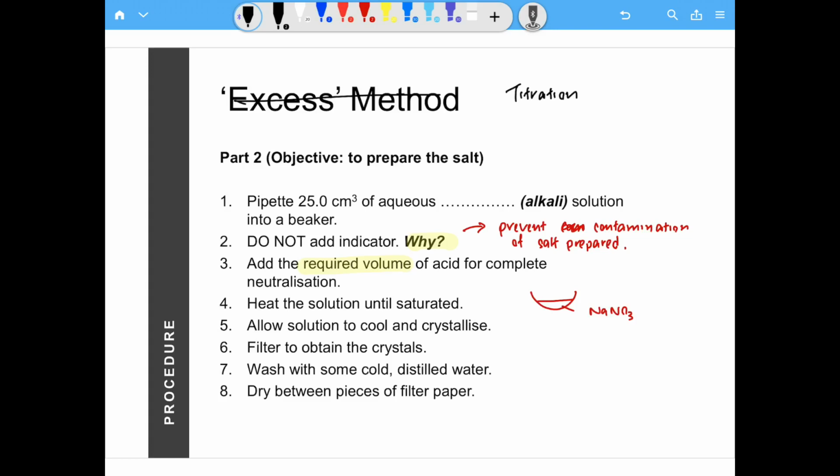Secondly, you should be able to determine what reagents to be added to get the salt. And lastly, you should be able to list down the steps required to prepare the salts. And that's all for the chapter on salt.